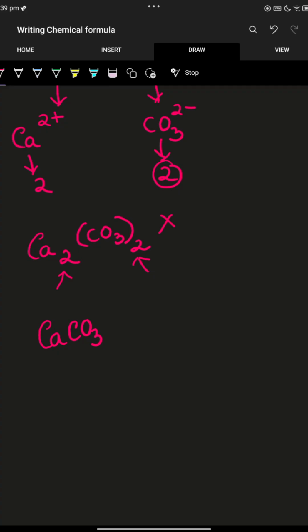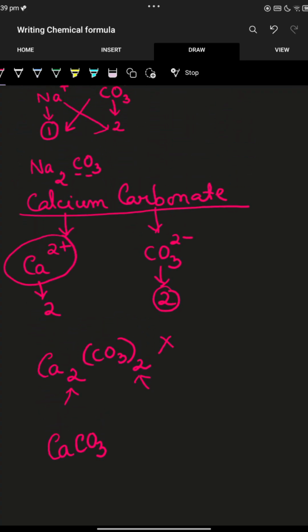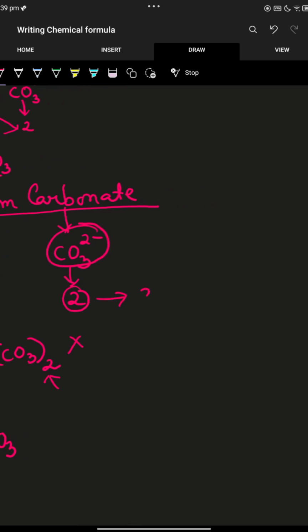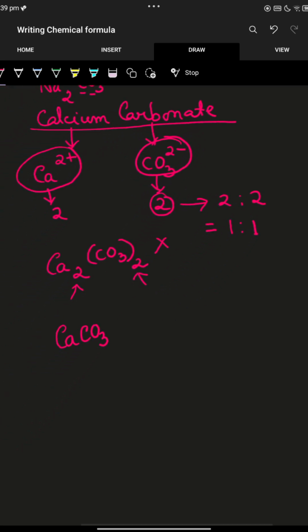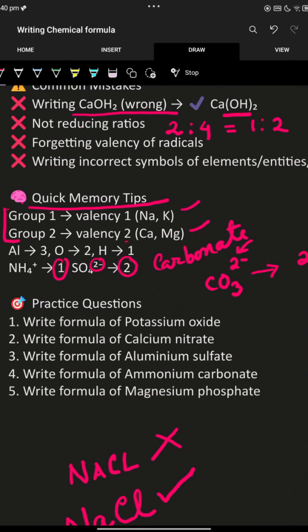Why? Because the ratio of calcium and carbonate ion of the valency was 2:2, which we are simplifying to 1:1. So we are writing CaCO3.